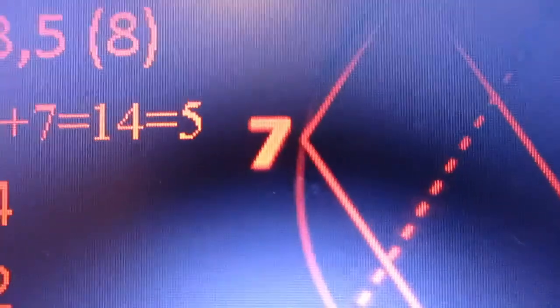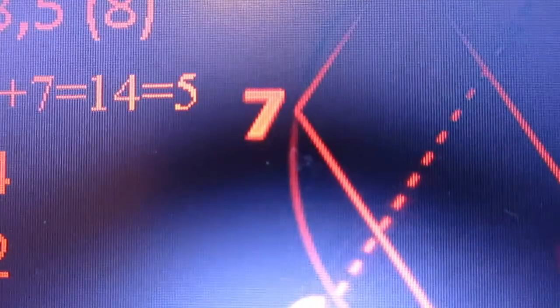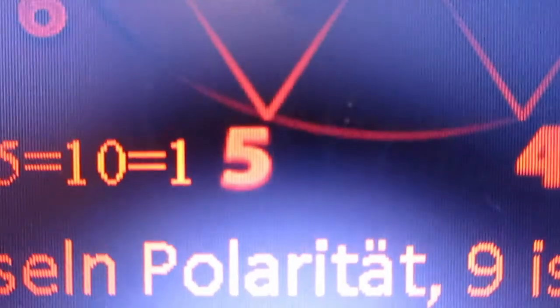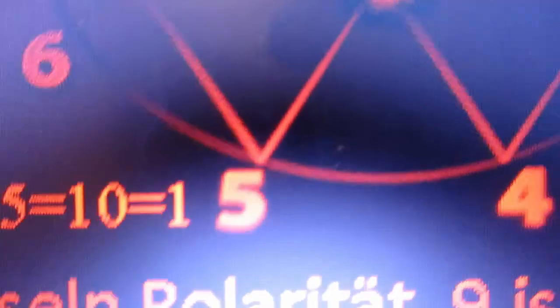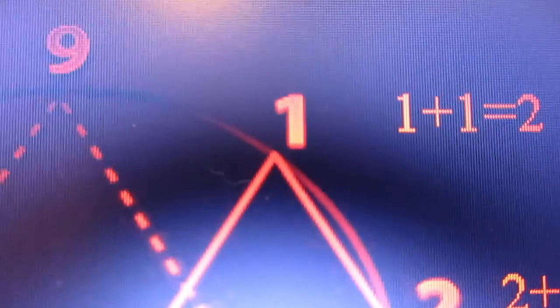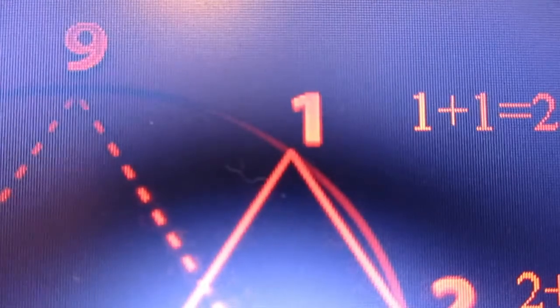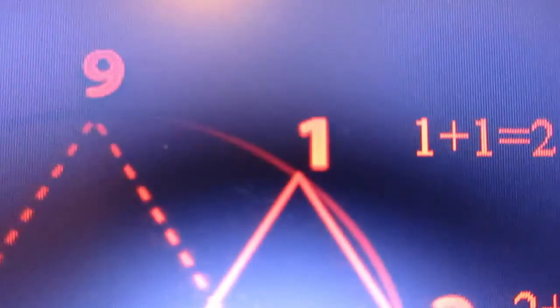Twice 7 would be 14. 1 and 4 is 5. 5 times 2 or 2 times 5 would be 10, and the 0 always gets neglected, so you have a 1. So it's times 2 and divided by the 2.